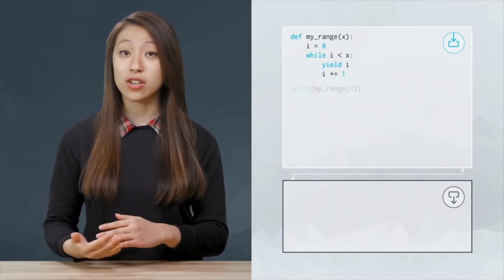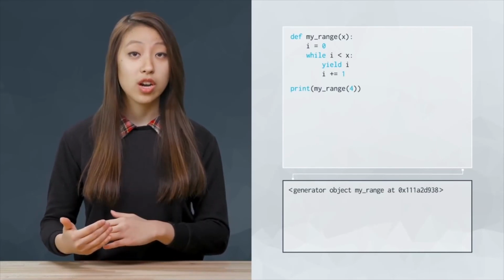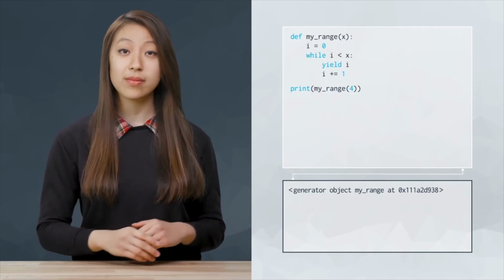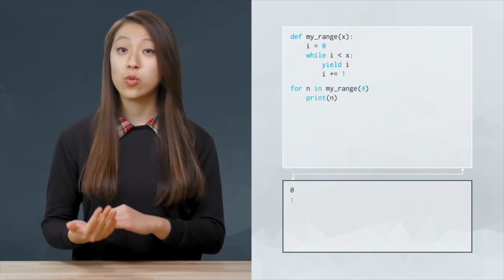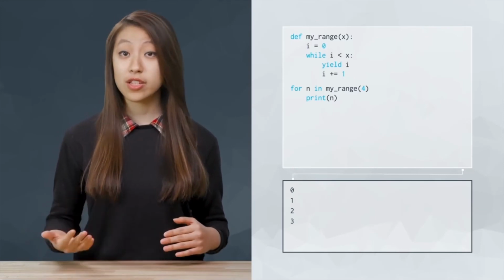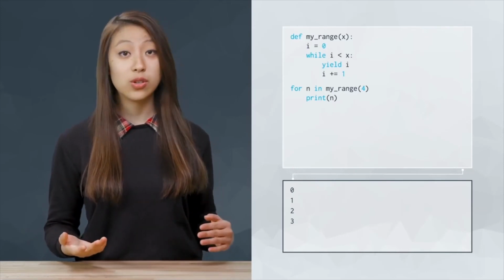As you can see here, calling myRange(4) returns an iterator that we can then iterate through. Using a for loop, we can print values from this stream of data. Here, this prints 0, 1, 2, and 3. In the next section, you'll get some practice writing generator functions to create your own iterators.